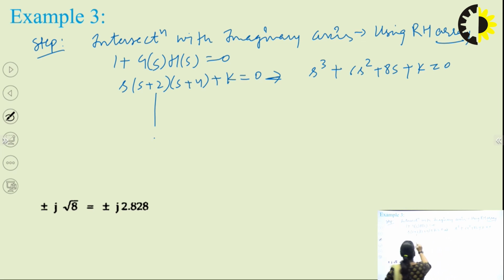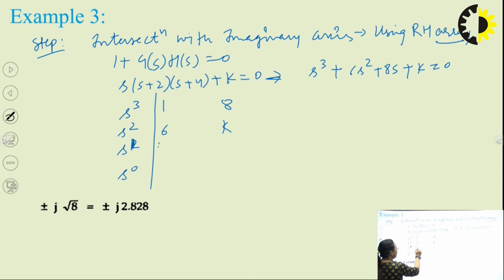Now when I draw the Routh array, s cube, s square, s to the power 1 and s to the power 0, from here I get 1, 8, and 6, k, then 48 minus k upon 6, and here nothing will come, this will be left blank, and then this into this minus this upon this will be k.